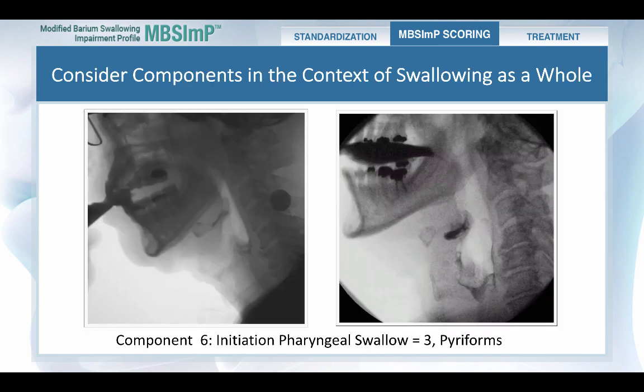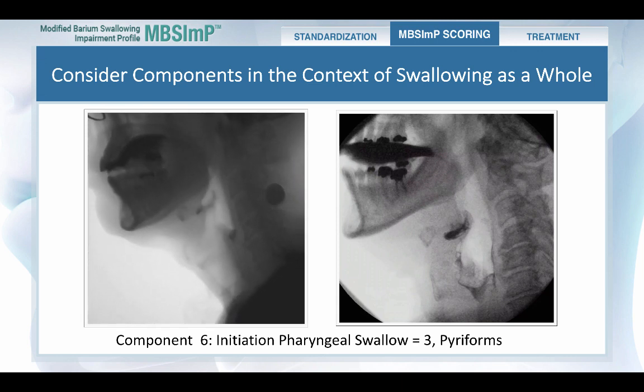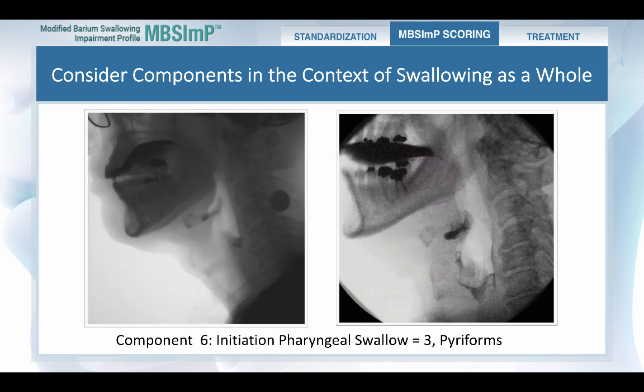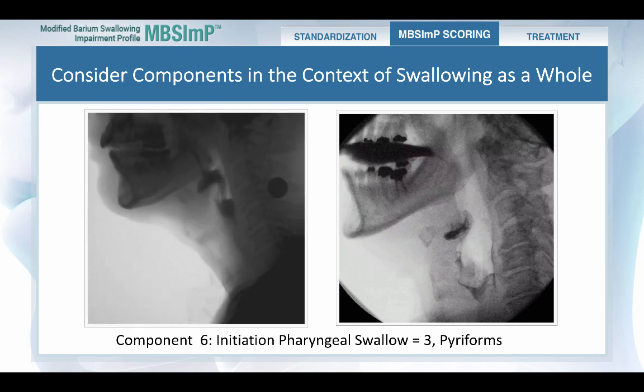With component 6 in mind, let's take a look at the following videos demonstrating the importance of looking at any component of swallowing physiology in the context of swallowing as a whole. Healthy non-dysphagic persons occasionally score a 3 on an individual component such as component 6, but in the absence of any other impaired component and without any functional or airway invasion consequences.